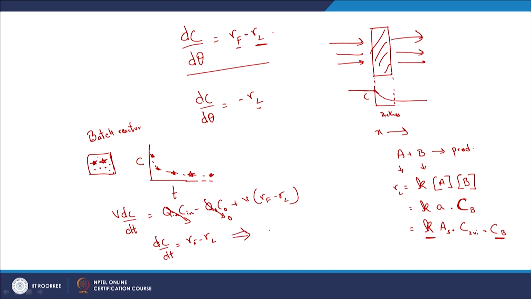The compound is not being formed in this case, so this transforms into dC by dt equal to minus rate of loss, right. You have the values of concentration and time, that is what you measured, and now you can get the rates, and from that you can calculate the rate constant, right. So, once I calculate this rate constant, I can use that in my plug flow reactor system, apply that and get the result, right.